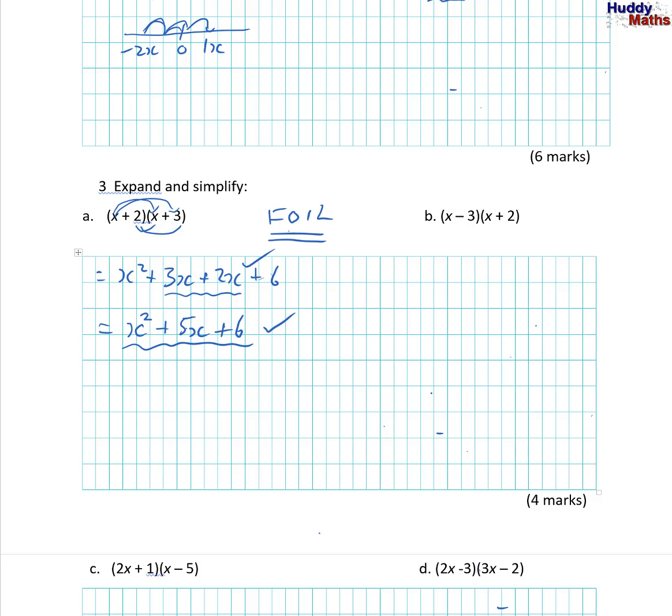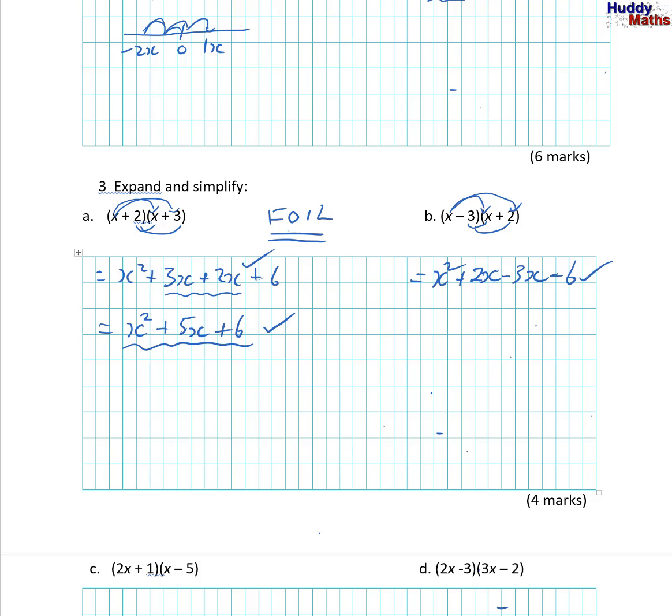Let's have a look at the next one. So same thing, it's x by x, so that equals x squared, and then x by 2 is plus 2x. Okay, and then negative 3 by x is negative 3x, and negative 3 by 2, negative times positive is negative 6.